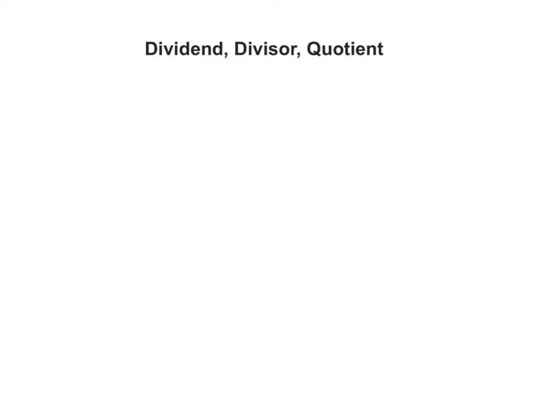Dividend, divisor, quotient. What do we mean by these terms? Let's take an example. Suppose we have a division. Let's say we have 35 divided by 5, which is equal to 7.